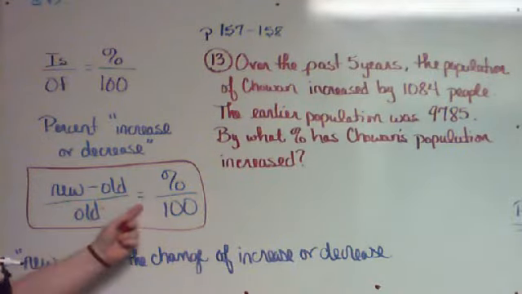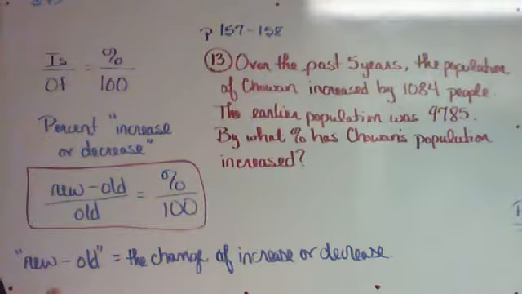The reason is that new minus old is the change, the increase or decrease. Every once in a while, you might come across a question that says, what is the change? Well, the change is when you subtract the two, but you have to make sure that new is always in front of the old. It's not just the biggest one on top anymore.